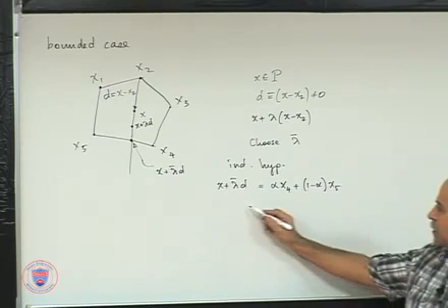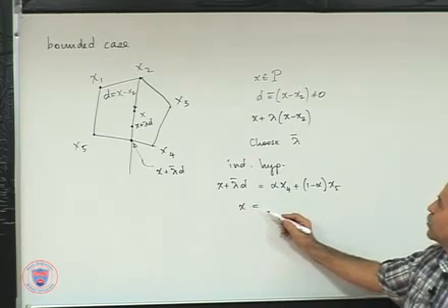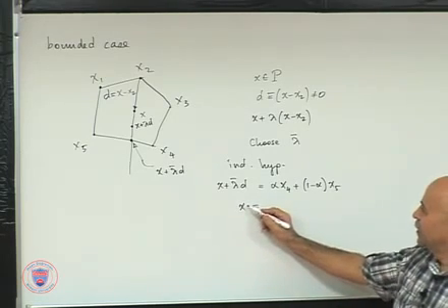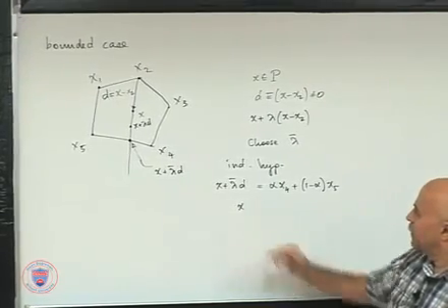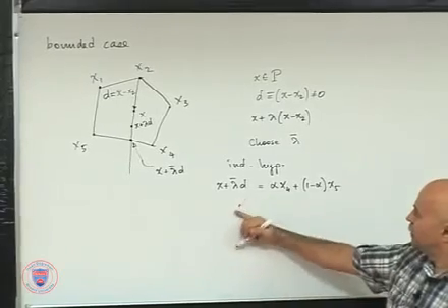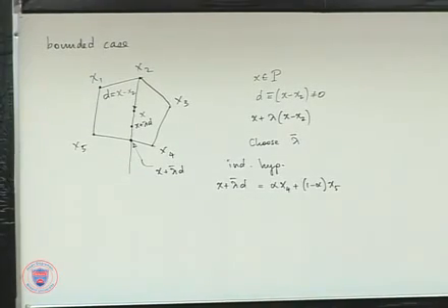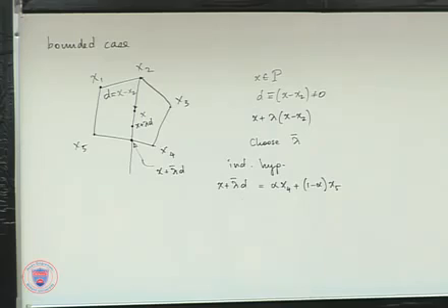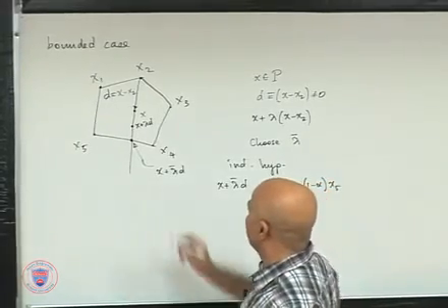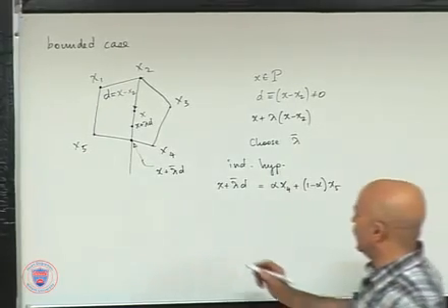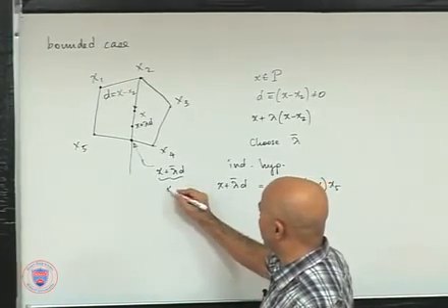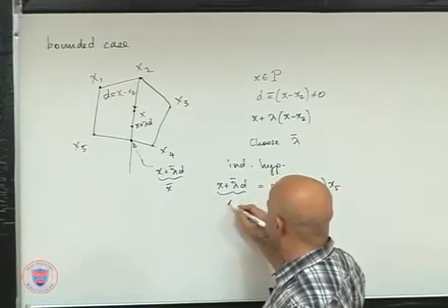We also know that x is equal to, well, let's see. What is x equal to? Well, x is the picked point. So let me give a new name to this point. Let's call this x bar. So this is your x bar.